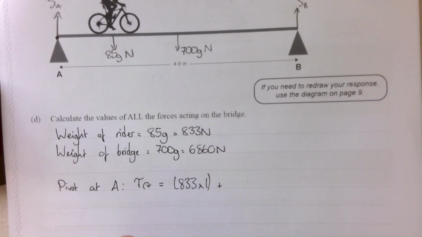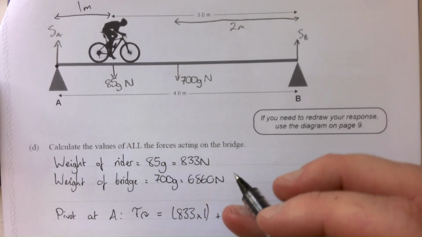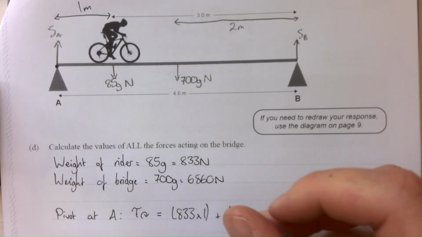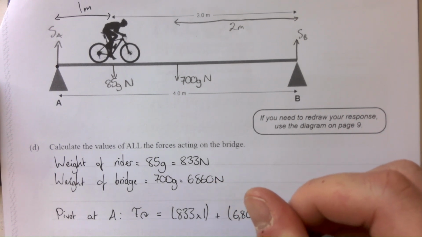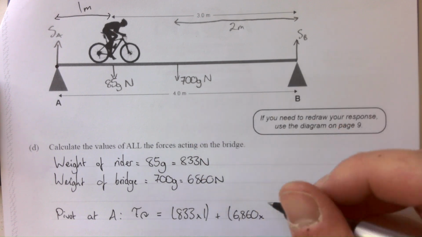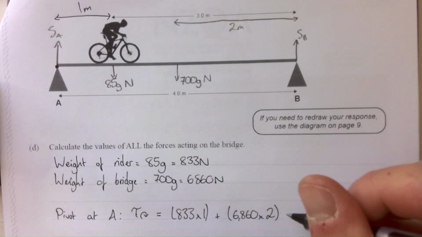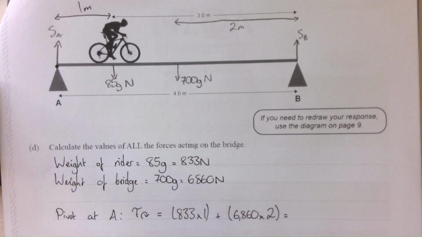Then I'm going to have my second torque due to the bridge itself, same idea again. The weight of it was 6,860, and the distance this time was 2 meters, like that. Then we can work out the total torques acting clockwise. 833 times 1 is 833, plus 6860 times 2.